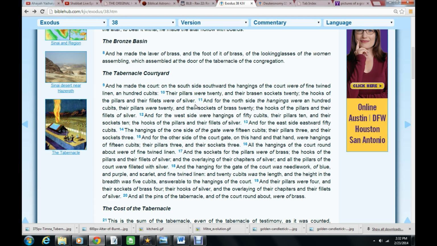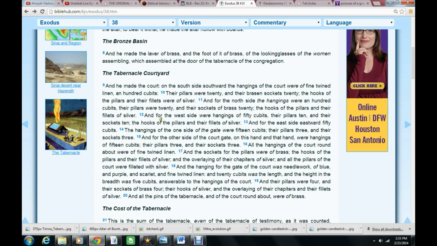And for the north side the hangings were 100 cubits as well. Their pillars were 20 as well, and their sockets of brass 20 as well. The hooks of the pillars and their fillets are silver as well.